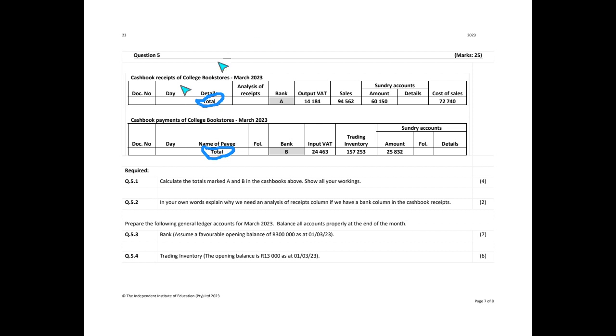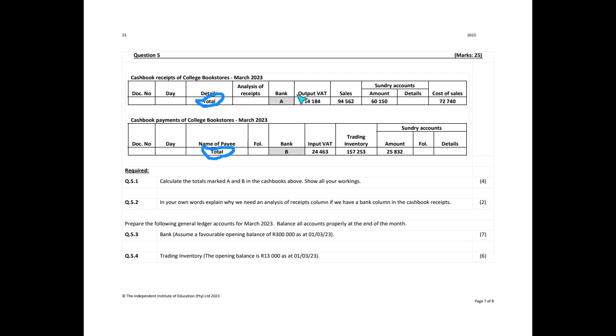I'm looking for the page where they give you the column headings of your journals. There we go. The structure of the cash book receipts, page 114. You want to go there and read that carefully.